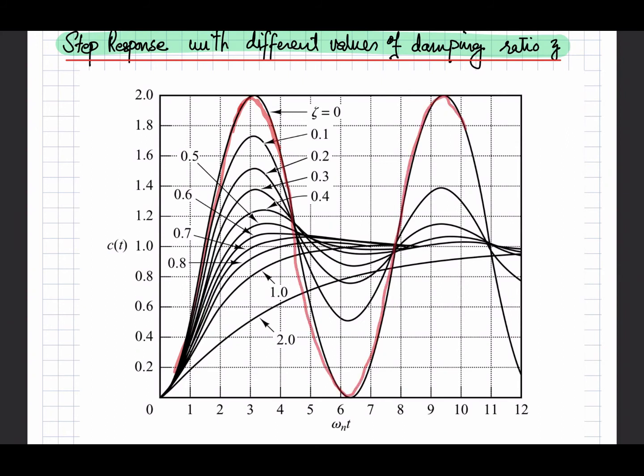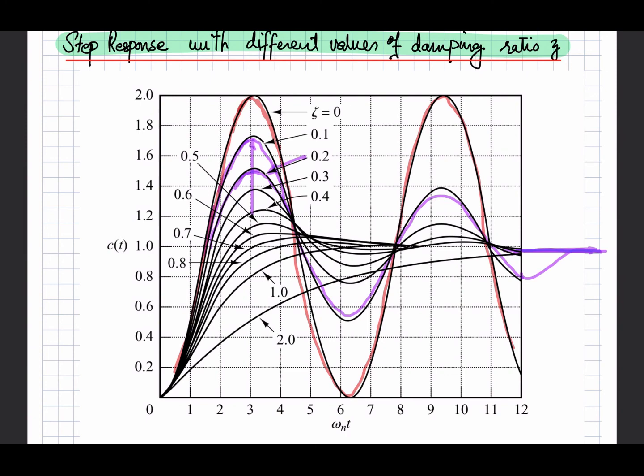And if you increase zeta, as you can see over here, zeta is 0.1, oscillations are reduced and finally decay and will reach a constant steady state value. And if you increase zeta, zeta becomes equal to 0.2, the magnitude of these oscillations decreases, and finally the system goes to some constant value in the steady state, and so on.